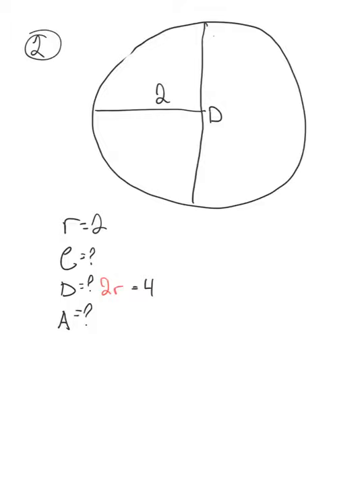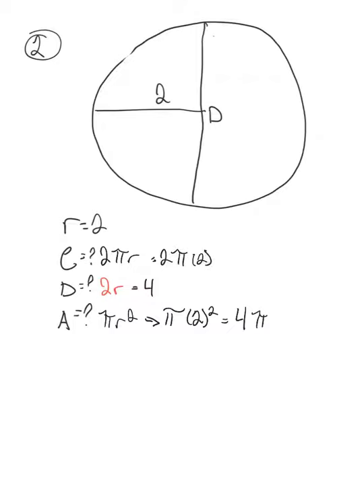The area equals pi radius squared, so pi times 2 squared, which equals 4 pi. And the circumference, 2 pi radius, would be 2 pi times 2, which also equals 4 pi. So there we quickly found all of the information that we needed to find.